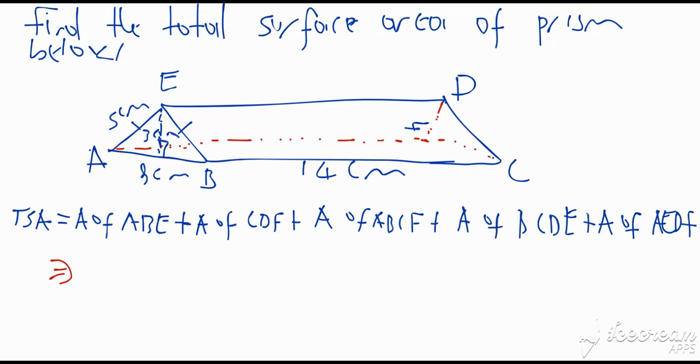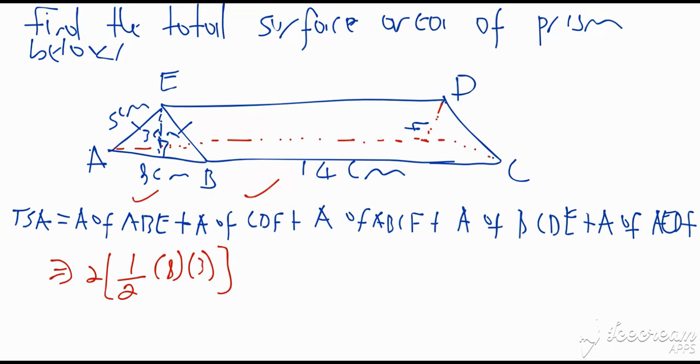So it's going to be a half times 8 times 3. And because the two triangular faces, ABE and CDF, are both the same since they are the uniform cross section, we can multiply all of this by 2. So we'd have accounted for these two.